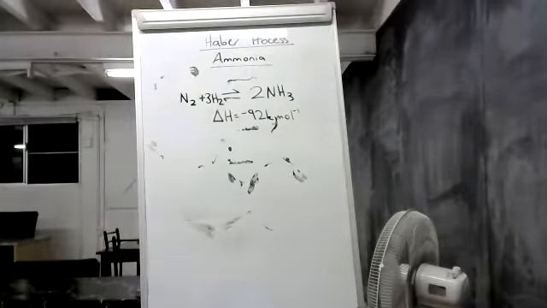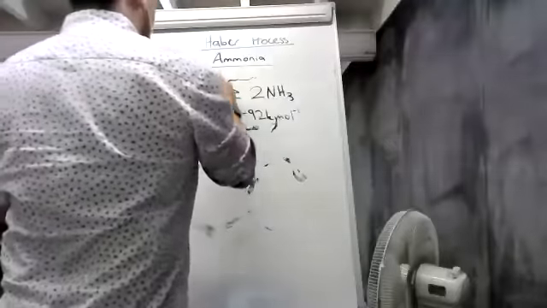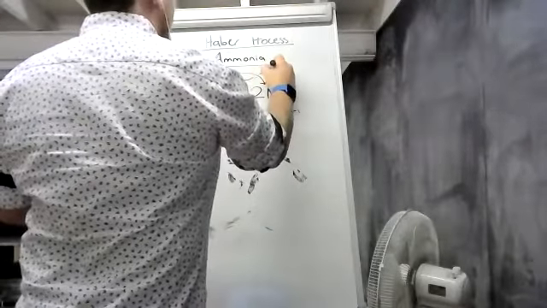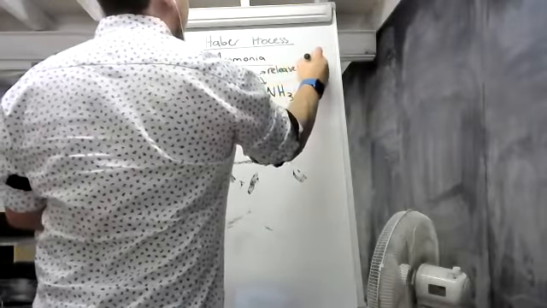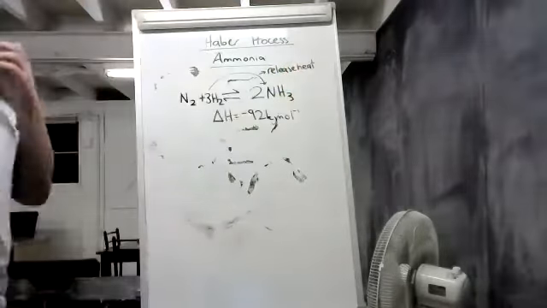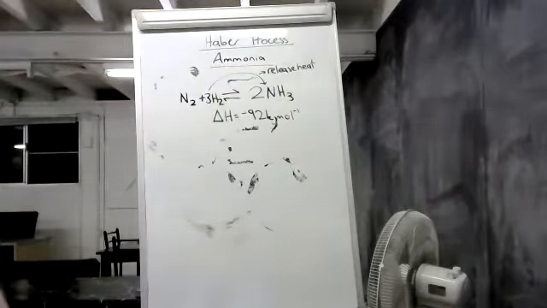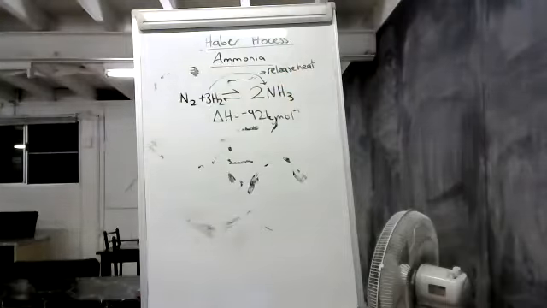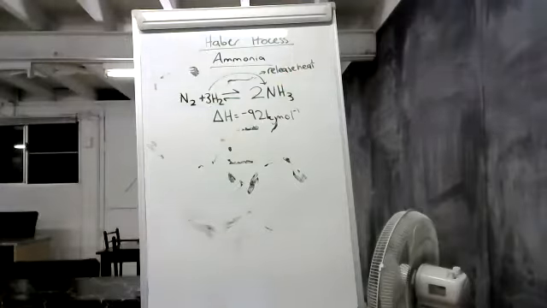It says that every time the reaction goes forwards, we release heat into the surrounding environment. Every time it goes backwards, it's absorbing. That's important to remember. I'll explain why shortly.